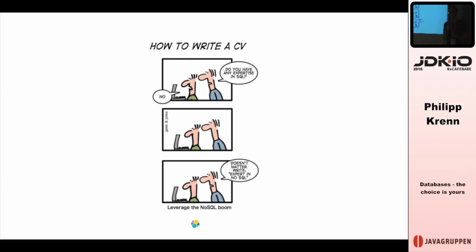The product is long gone, and then somebody picked it up as a Twitter hashtag when all these new fancy databases held their first conference. I think it was Cassandra and MongoDB and probably HBase and one or two others.